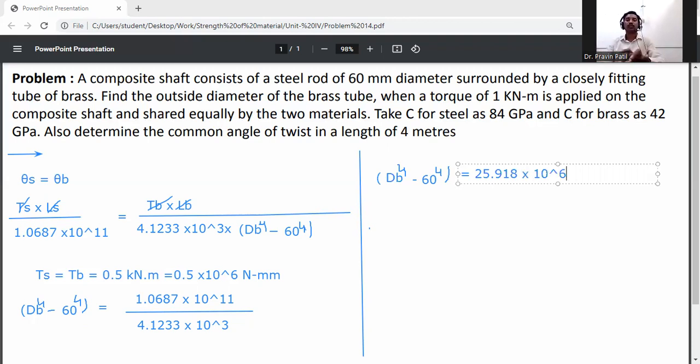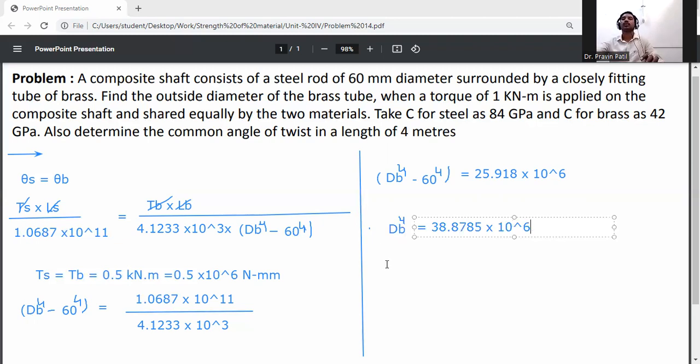So dB raised to 4 is equal to 25.918 into 10 to the power 6 plus 60 raised to 4. So dB raised to 4 is equal to 38.8785 into 10 to the power 6.